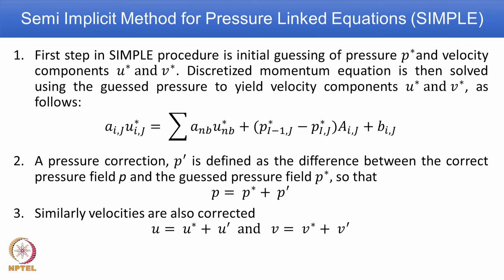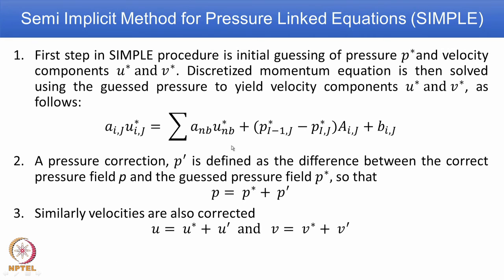So, the discretized momentum equation that we have just seen in the previous slide is then solved. Once you solve the discretized momentum equation using the guessed pressure, it will result in what is known as the guessed velocity components u star and v star, as shown here.